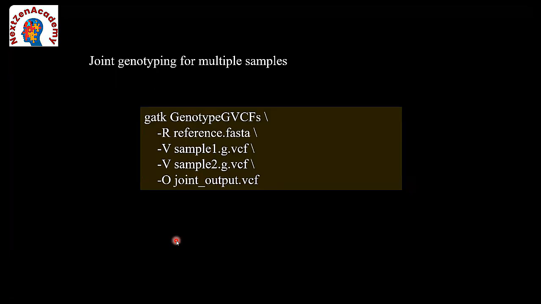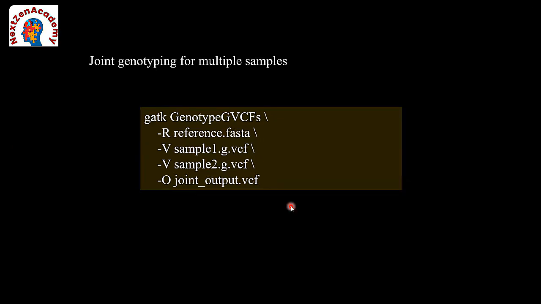What does joint genotyping mean? Joint genotyping is generally to identify the genetic variants which are common in multiple sets of samples. To do that, GATK by default has its own command or script, like GATK GenotypeGVCFs.